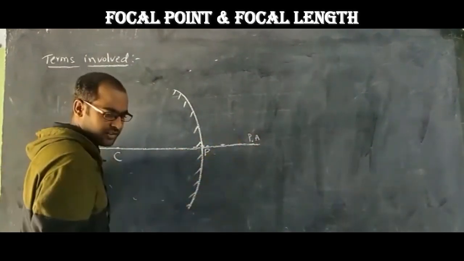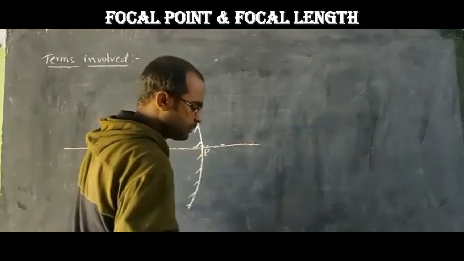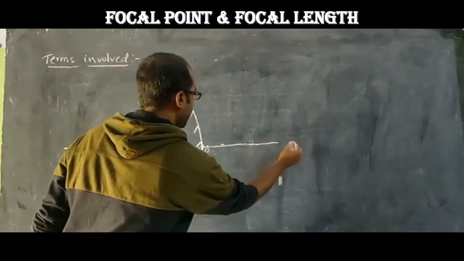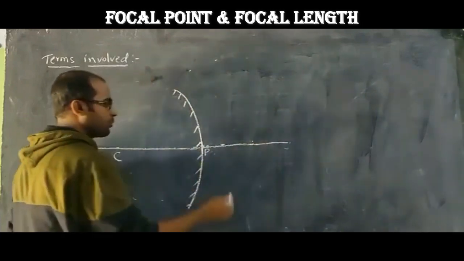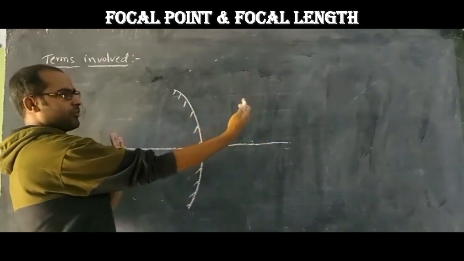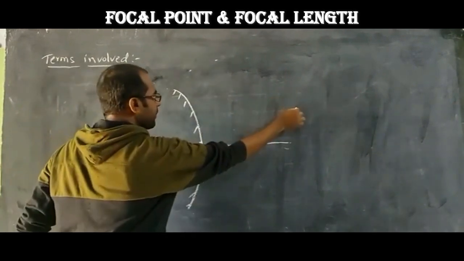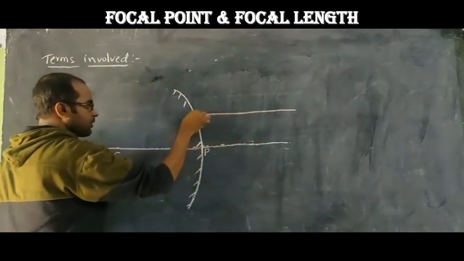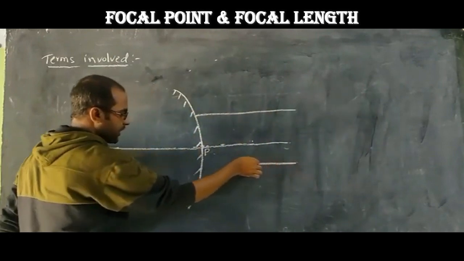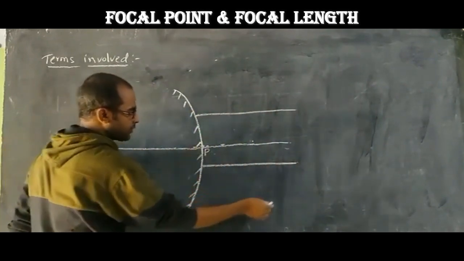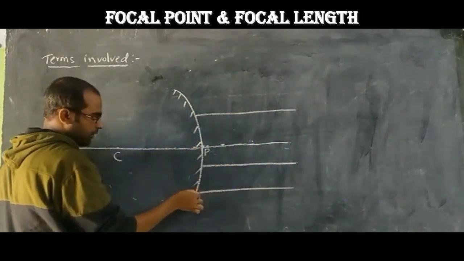Whenever you place it in sunlight, or in front of a window, the parallel rays coming from the object hit the mirror.